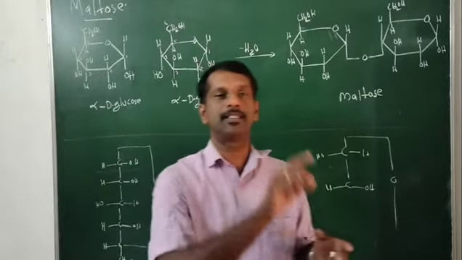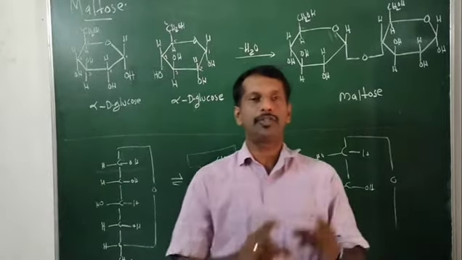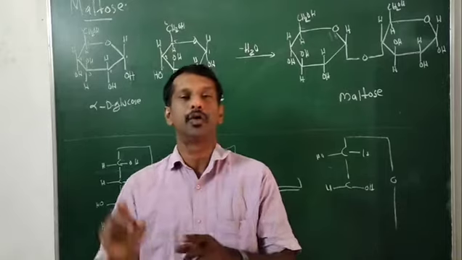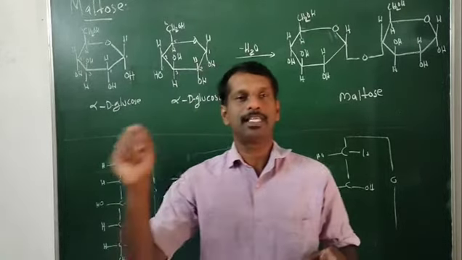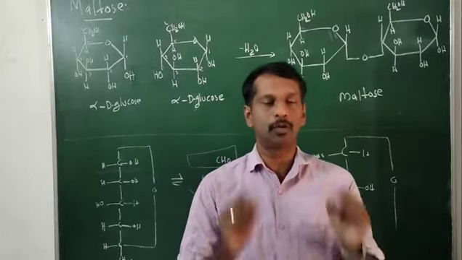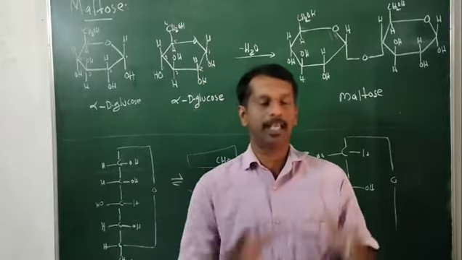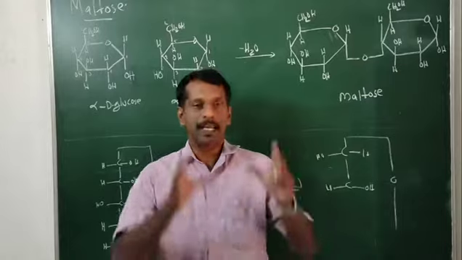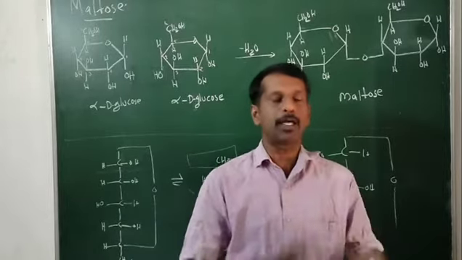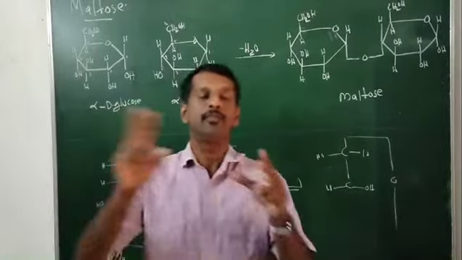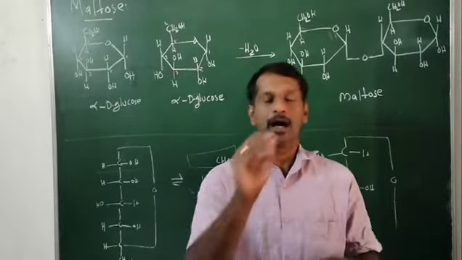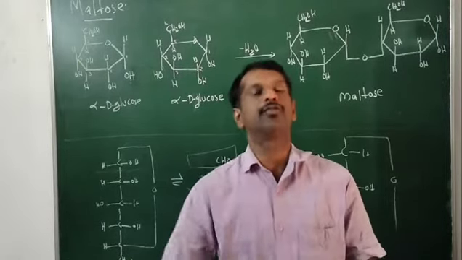That means C12H22O11 plus H2O, with H+, will give C6H12O6 glucose plus C6H12O6 fructose. Therefore, sucrose is a disaccharide because upon hydrolysis it gives two monosaccharide units, glucose and fructose.